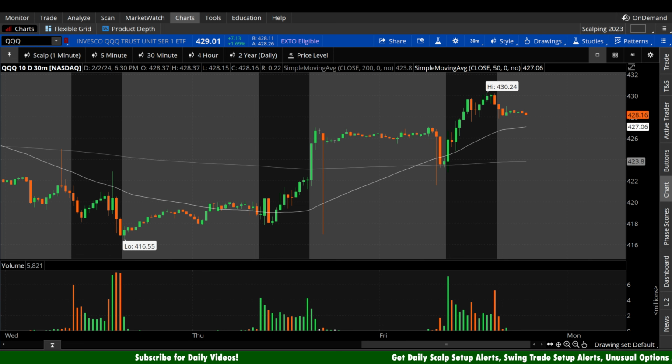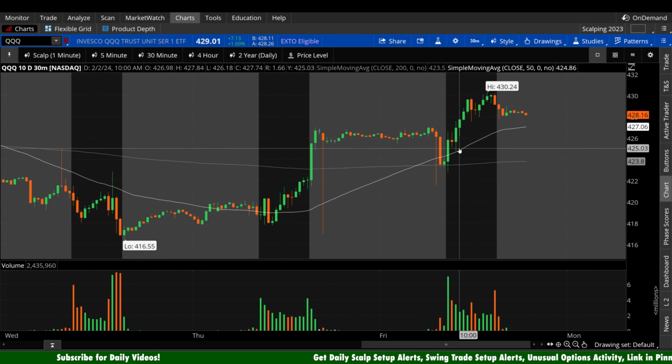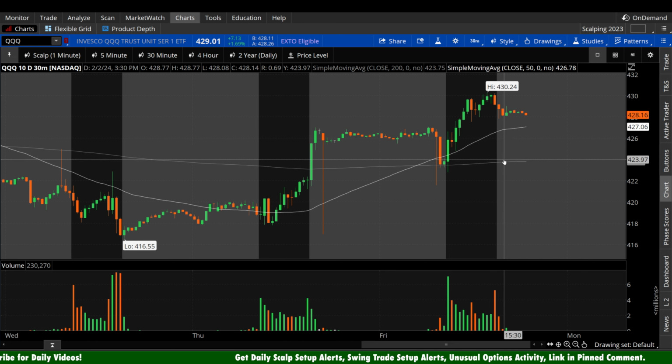Now, as far as the actual crossover here of the 50 period up over the 200 period, you may see in quite a few chat rooms over this weekend that is called a golden cross. Oh, there's a golden cross on the 30 minute. Listen, for me, I think it's overhyped. The reason I even mention the cross is because the 50 period reacts more quickly than the 200 period because it's a shorter period moving average.